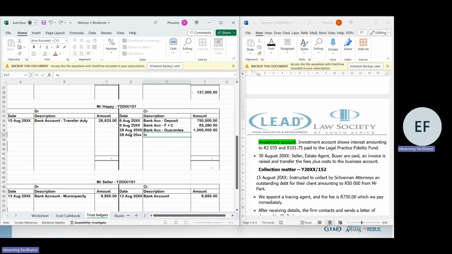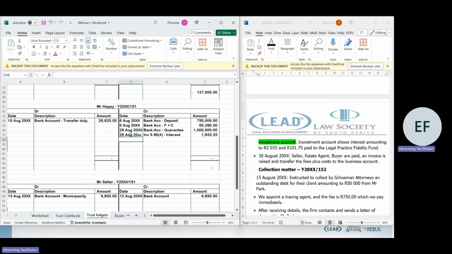It is the investment section 86.4. And then this is interest. The interest that belongs to the practice, we only record what belongs to the practice. 2035 multiplied by what? 95%.